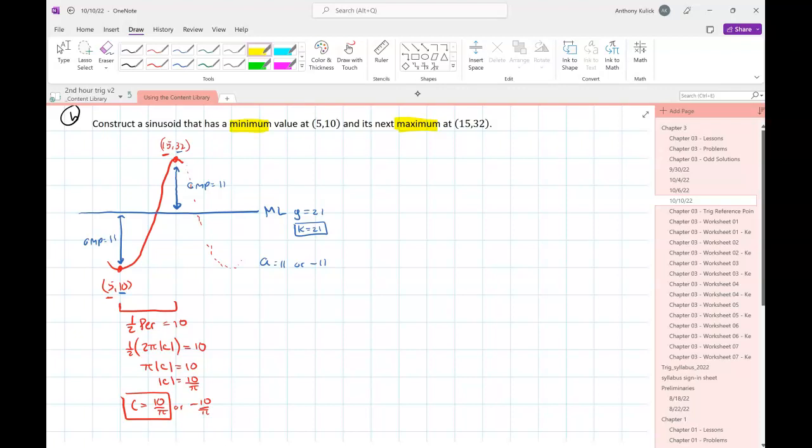If I'm given midline points or a free point, I would pick a sine function. Everybody's okay with that? It's just because it's going to make finding the H just a little bit easier. All right. So we're picking cosine.